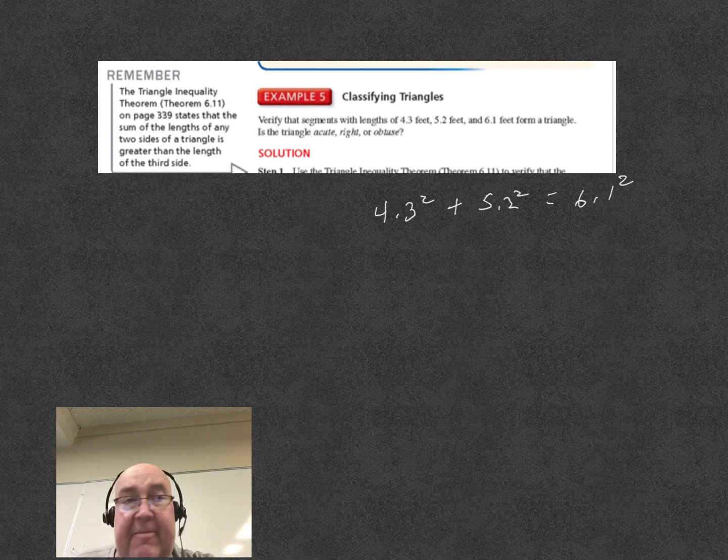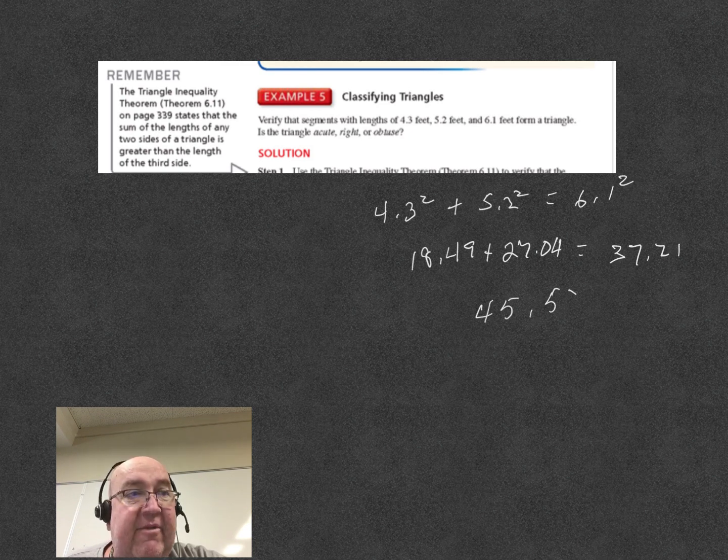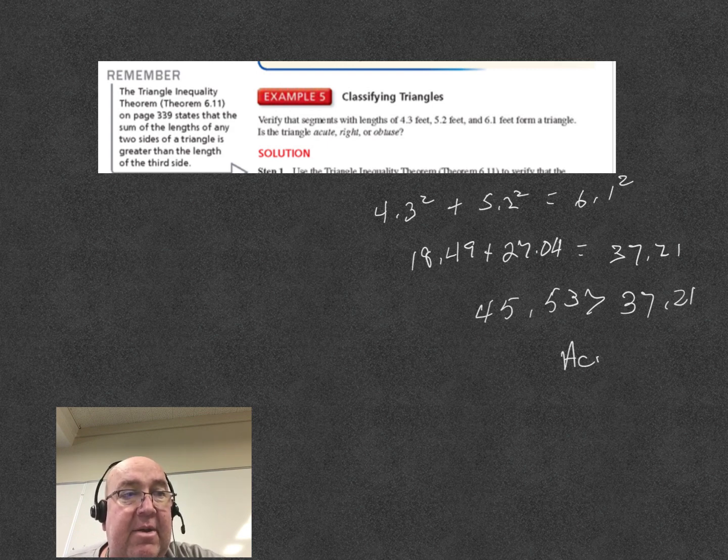And what we're going to get, 4.3 squared is 18.49, 5.2 squared is 27.04, and 6.1 squared is 37.21. I can obviously see that that's going to add up to be more than 37. 45.53 is greater than 37.21, so this is an acute triangle.